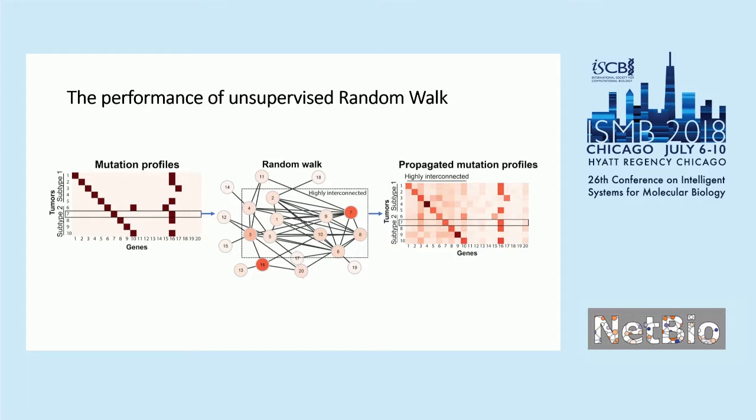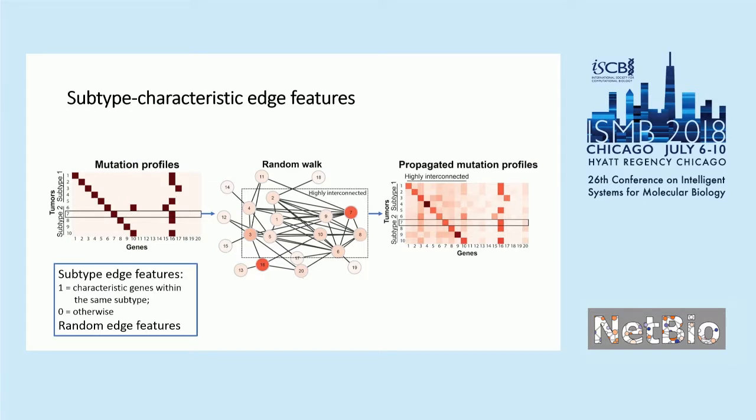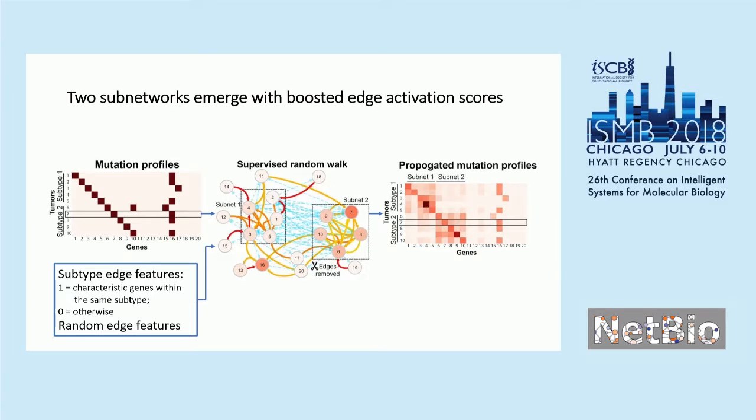Next, in order to perform the supervised version of random walk, we provided some subtype characteristic edge features, which were set to 1 if they connect 2 characteristic genes of the same subtype and 0 otherwise. We also provided some random edge features for the training. When we plugged in those edge features and performed the supervised version of network propagation, our algorithm soon realized that these subtype characteristic edge features are very important.